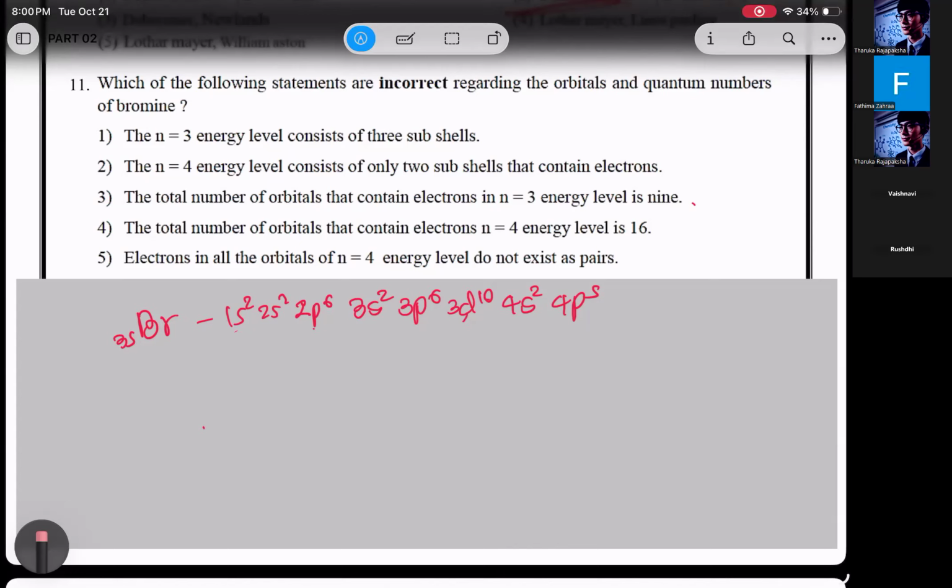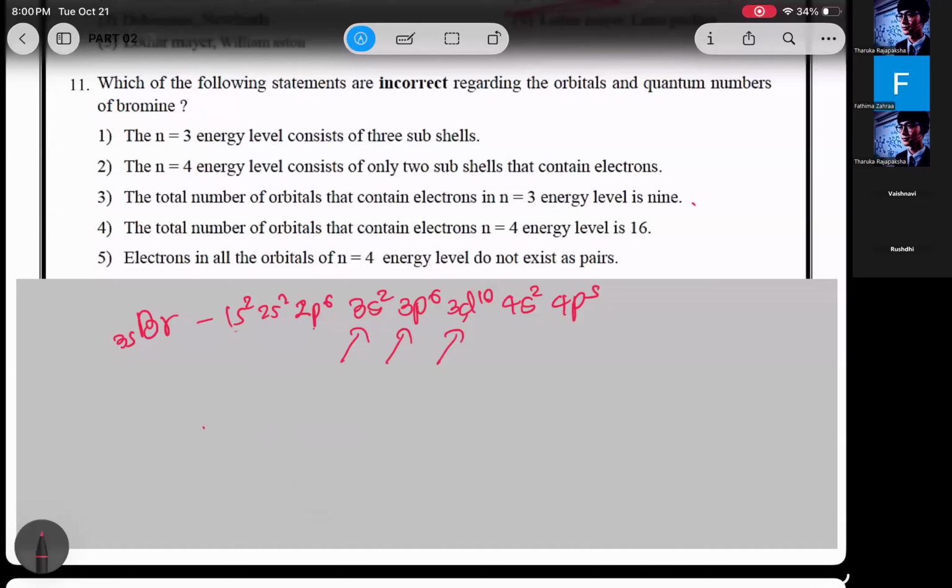Okay, so now they're asking, the first statement: n equals 3 energy level consists of 3 subshells. That is correct. There is 3s, 3p and then 3d. Everything is there. Okay, right.